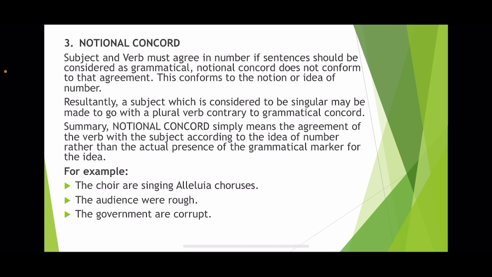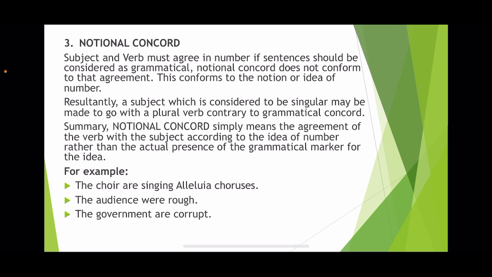The third kind is notional concord. Subject and verb must agree in number if sentences should be considered as grammatical. Notional concord does not conform to that agreement. Notional concord conforms to the notion or idea of number.